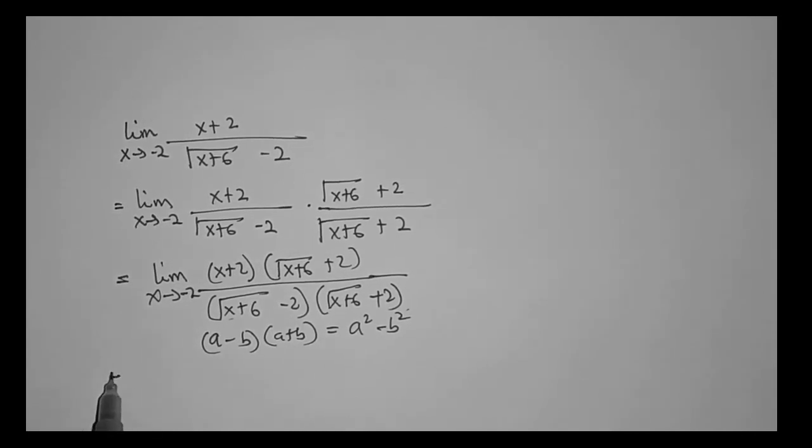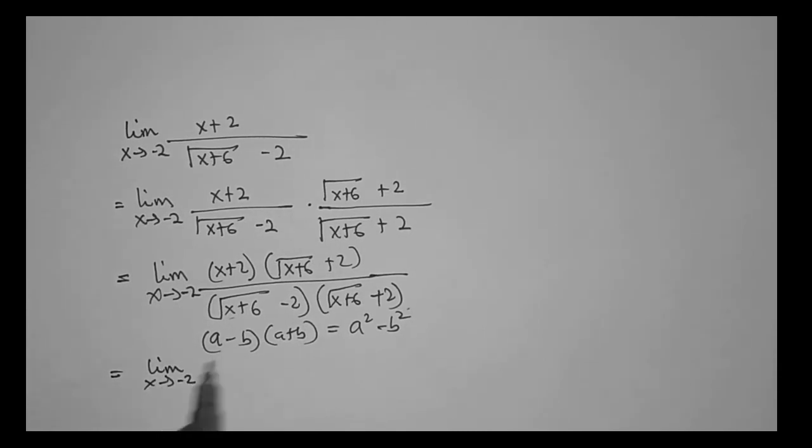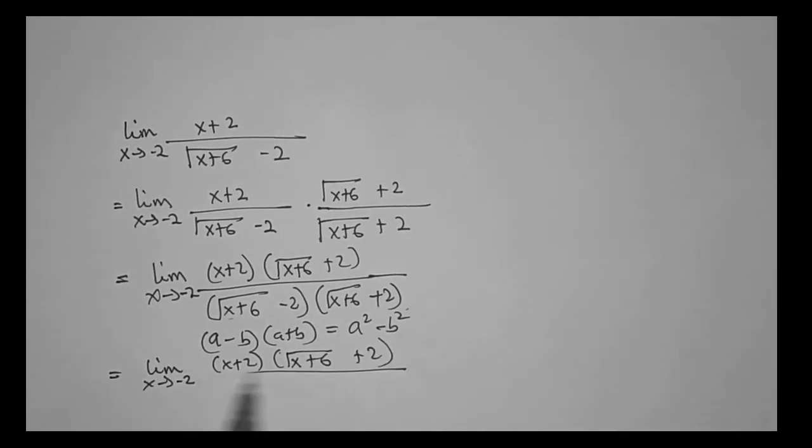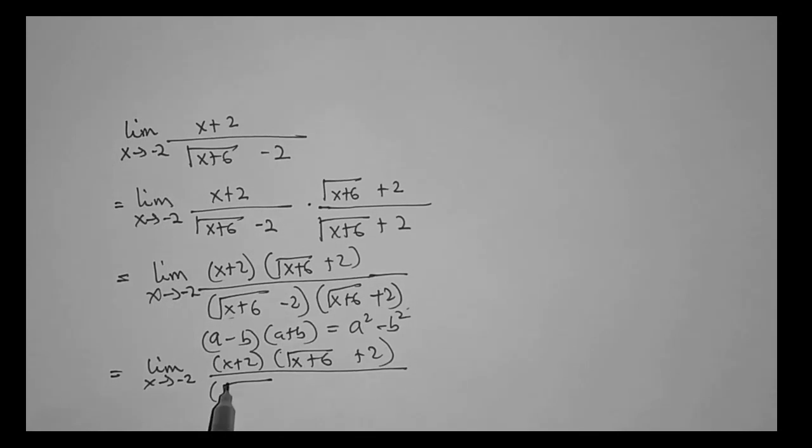So this is equal to the limit as x approaches minus 2 of (x plus 2) times (square root of x plus 6 plus 2), divided by (square root of x plus 6) squared minus 2 squared. So let me continue from this side.